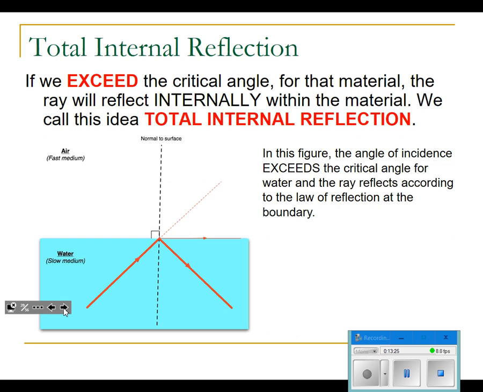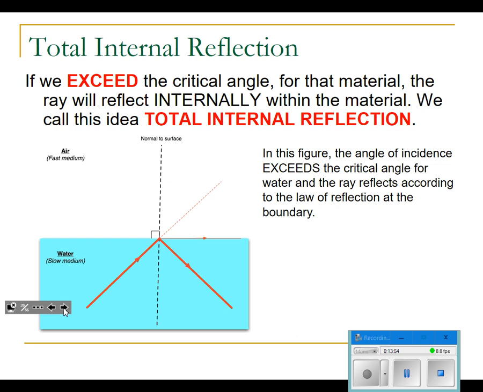Believe it or not, fiber optics and things like that work on this concept. Also, the way that diamonds are cut works on this concept, because they want the light to bounce around inside of your diamond multiple times before it comes out, because every time it bounces around inside there, it splits up a little bit more in the coloring, so that when it finally does find the surface where it can exit, it's actually more brilliant.